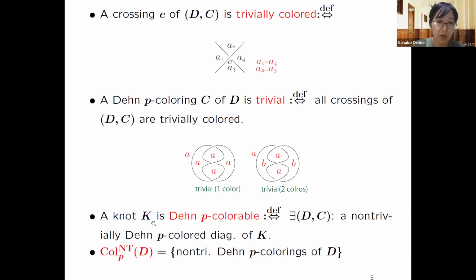And a knot K is then Dehn p-colorable if there exists a non-trivially Dehn p-colored diagram of K. And we denote by Col_p^NT(D) the set of non-trivial Dehn p-colorings of D. This NT means non-trivial.